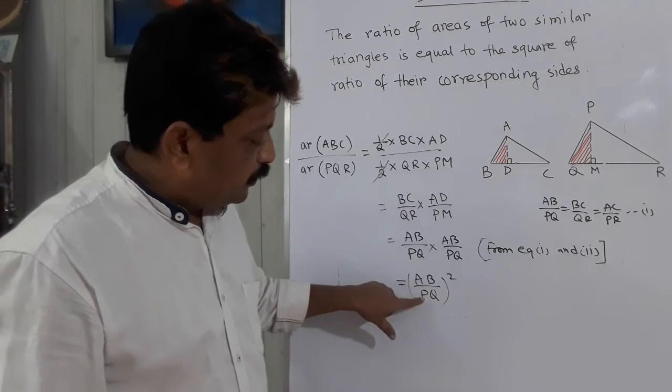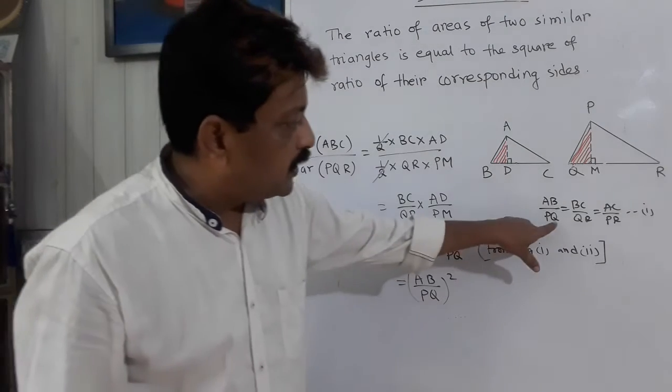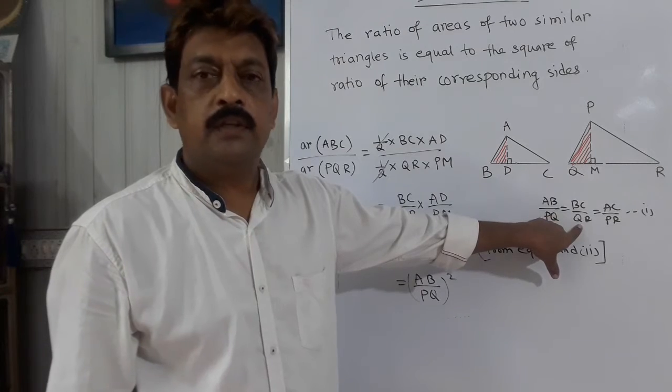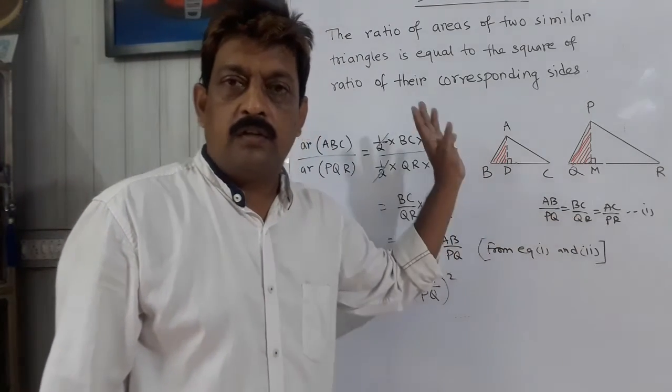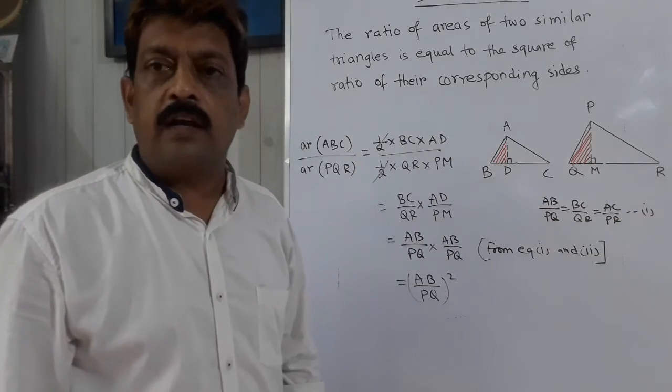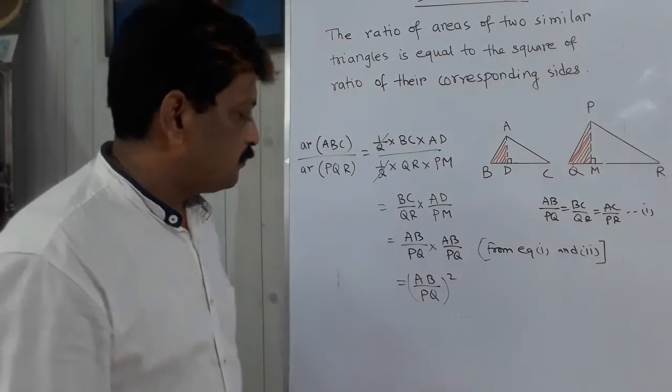Now AB upon PQ can also be written as BC upon QR, and it can also be written as AC upon PR, because the corresponding sides of the triangles are proportional as these two triangles are similar.